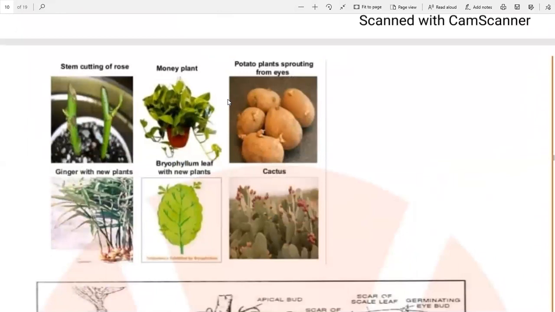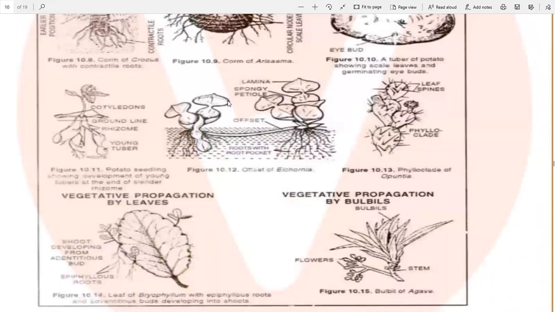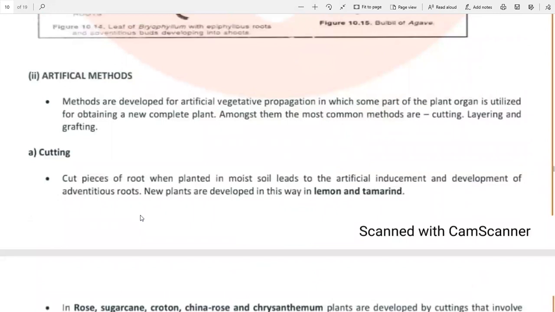These are some diagrams: potato plant eyes sprouting, or ginger with a new plant is shown. This is vegetative propagation by bulbils, or vegetative propagation by leaves. In this diagram it is shown. Then come artificial methods.